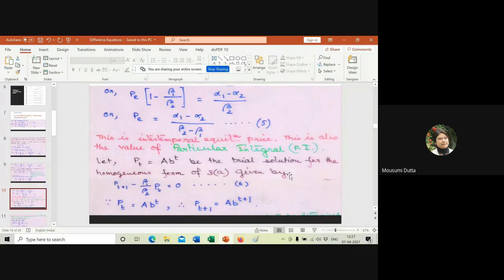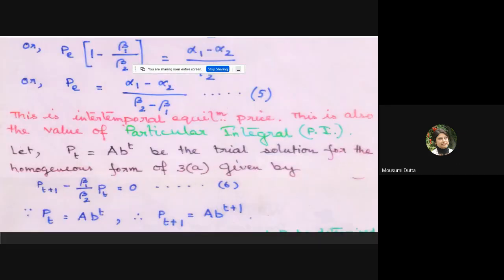So PE is alpha 1 minus alpha 2 divided by beta 2 minus beta 1. This is equation number 5. So this is the intertemporal equilibrium price. This is also the value of the particular integral. What I told you, equilibrium is equivalent to particular integral. So this is the value of the particular integral.